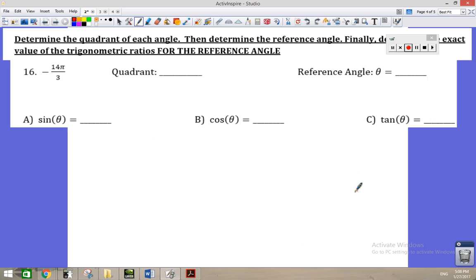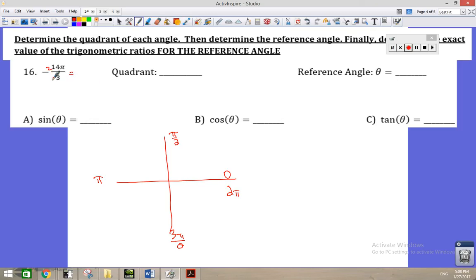All right, so this negative 14 pi over 3 is definitely not between 0 and 2 pi, it's negative. So I've got 0, pi over 2, pi, 3 pi over 2, and 2 pi. Well, with the denominator of 3 and this denominator of 2, I need a least common denominator of 6. I need to rewrite this negative 14 pi over 3.